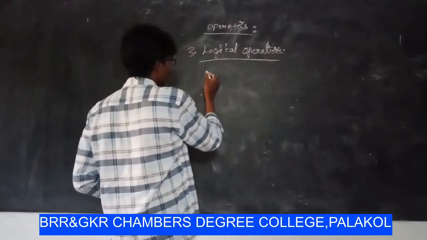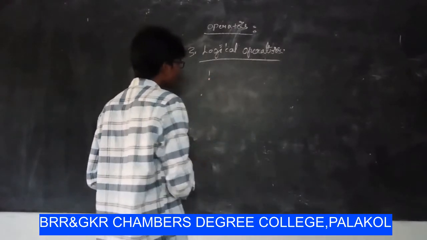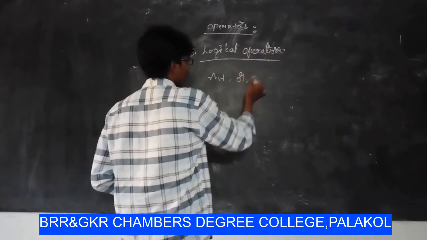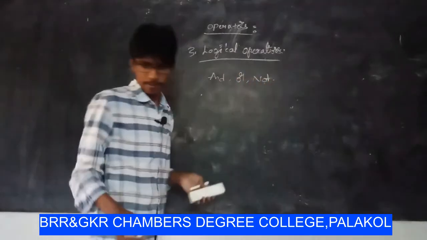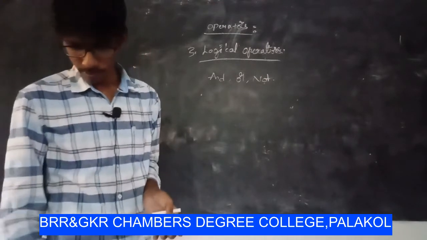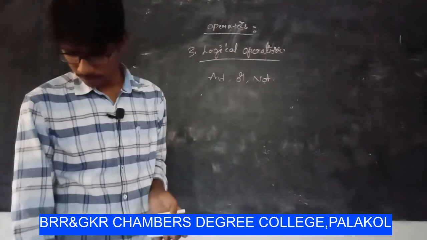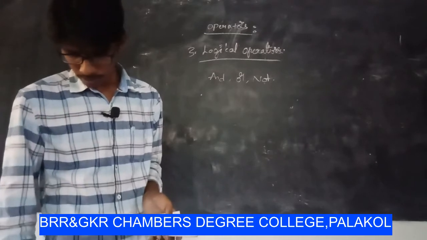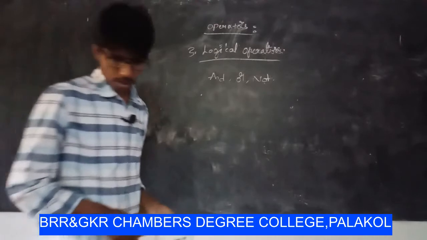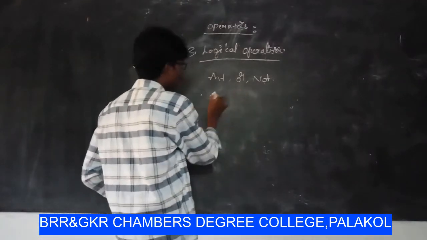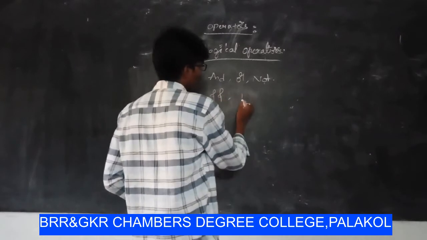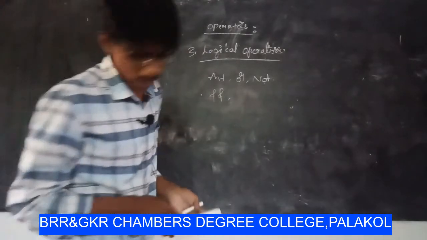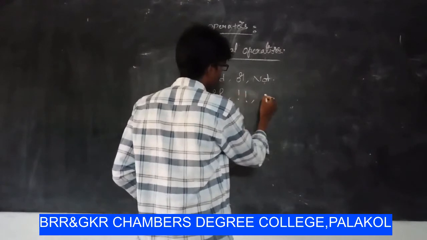There are three logical operators: and, or, and not. They are denoted by the symbols double ampersand for and, double pipe for or, and exclamation mark for not.